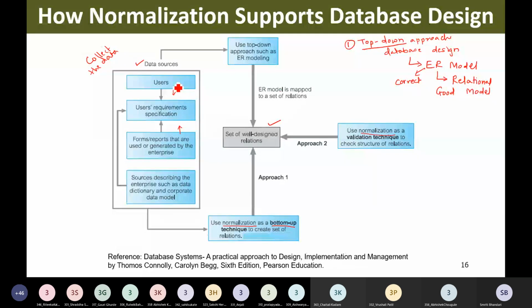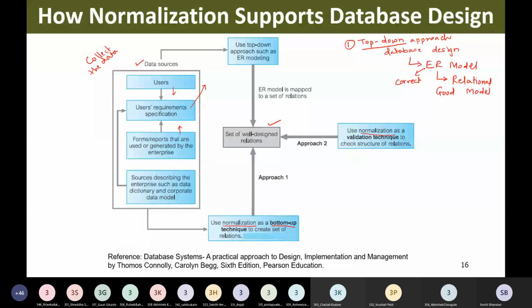So gathering of data, from various data sources, and we should come up with the requirement specification. Once our requirement specification is ready, then we need to proceed with the design of a database. So we have two approaches, a top-down approach and a bottom-up approach.